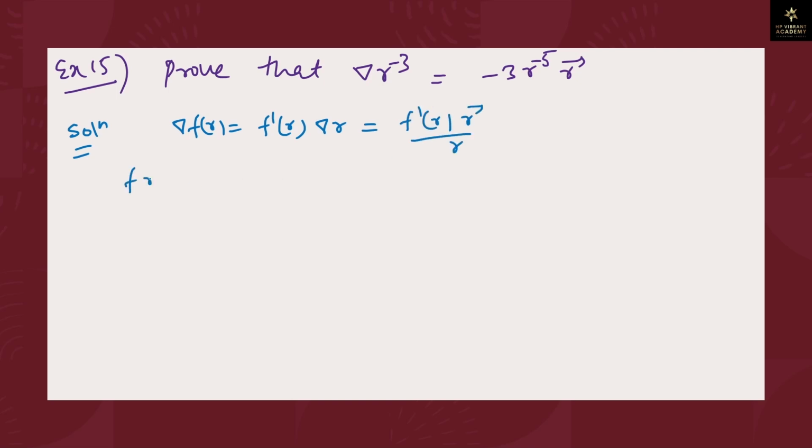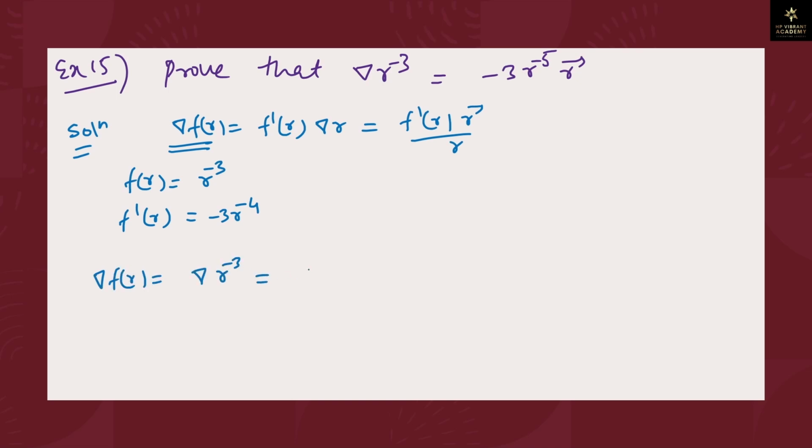So let f of r is equal to r to the power minus 3. So f dash r is minus 3 r to the power minus 4. Okay, so let us place the value here. Del of f of r is equal to del of r to the power minus 3.